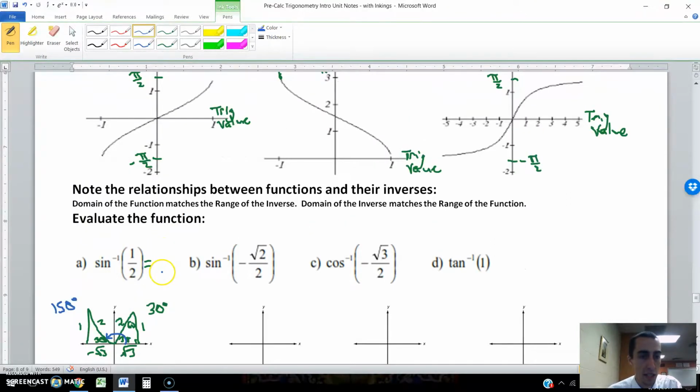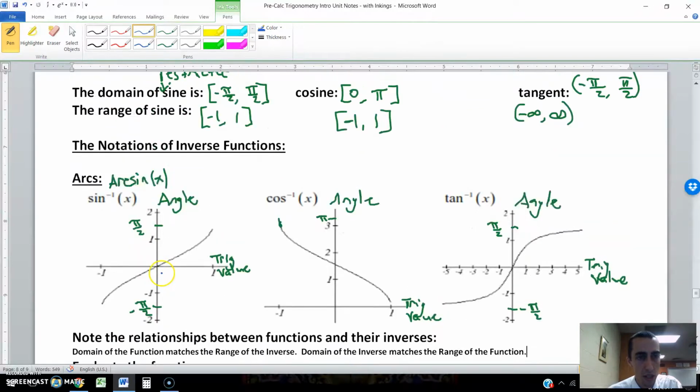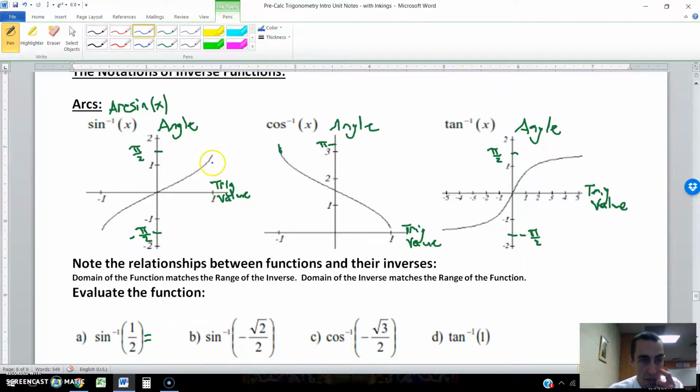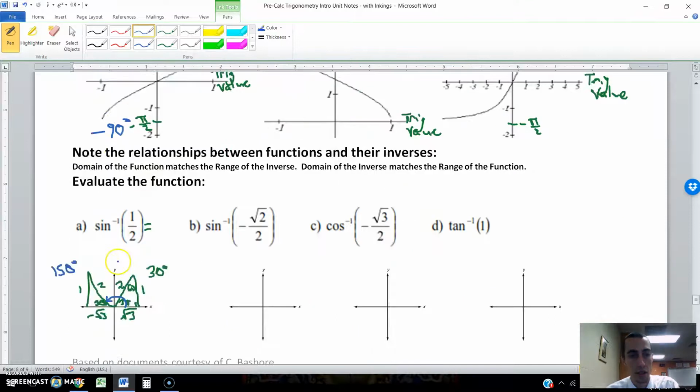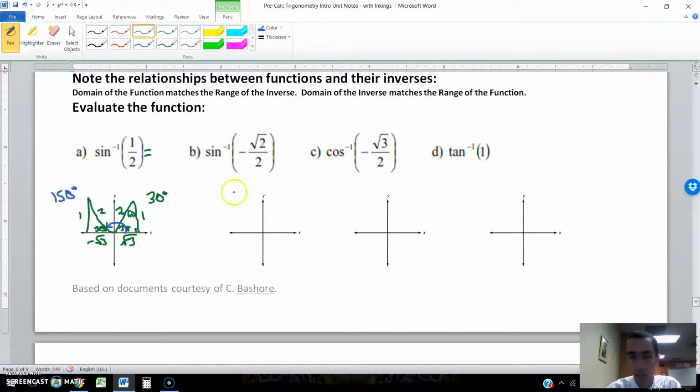So which is the correct answer? Let's go back to the sine graph. The sine graph angles need to be an output between pi over 2, which is 90 degrees, and negative 90 degrees. So I look down there and I see that this 150 degrees is outside of the acceptable range of answers. So 30 degrees must be our answer.